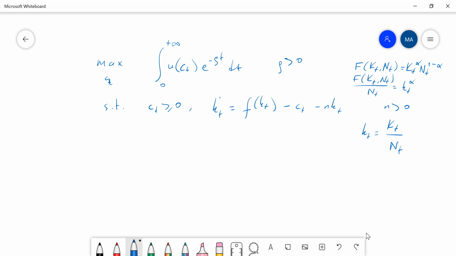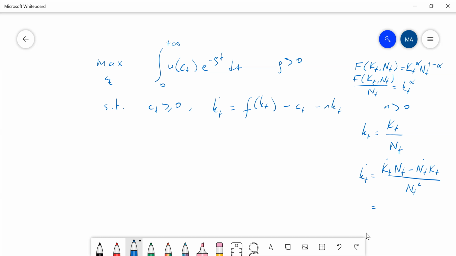So then in your capital accumulation equation, you have K dot(t) N(t) minus N dot(t) K(t) divided by N(t) squared.